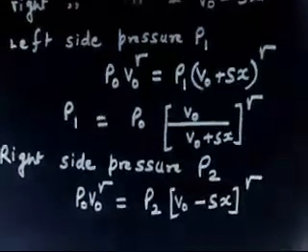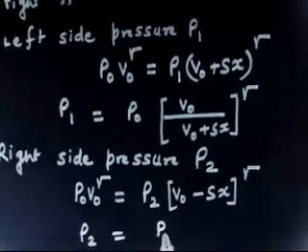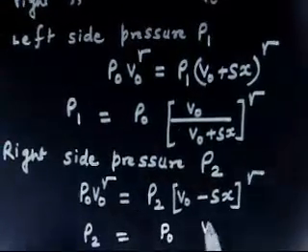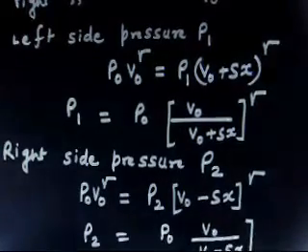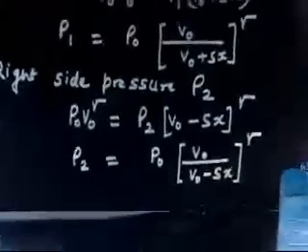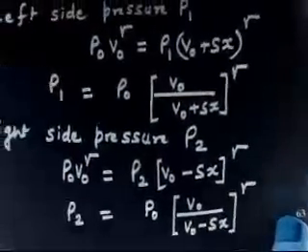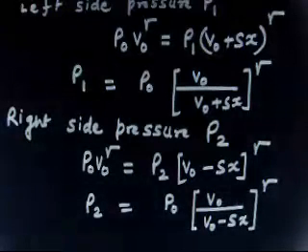From here I can find P2. P2 is P0 V0 divided by V0 minus Sx, to the power gamma. So this is P2. Now let us discuss the motion of this piston, because the mass of the piston is given to you.